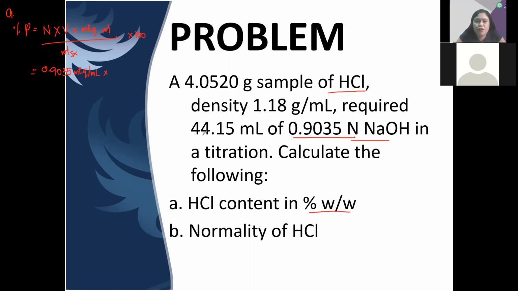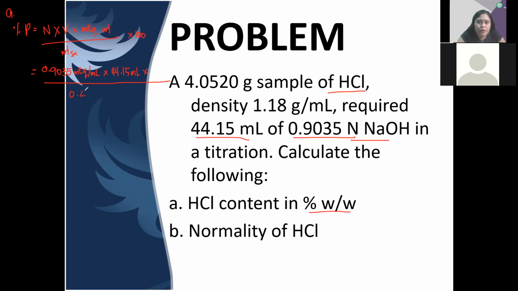And then for the volume used during titration, that's 44.15 ml times the milli-equivalent weight. So that is not given in the problem. But the weight of the sample is given.